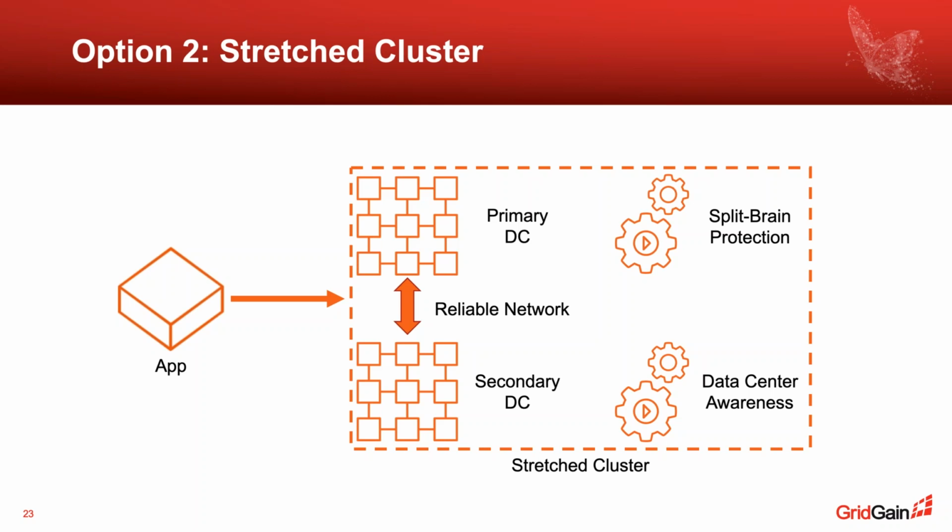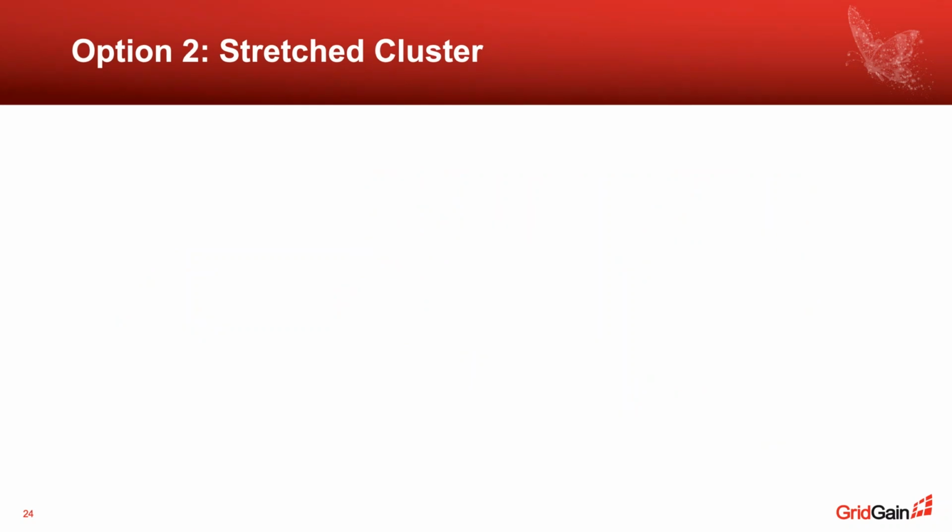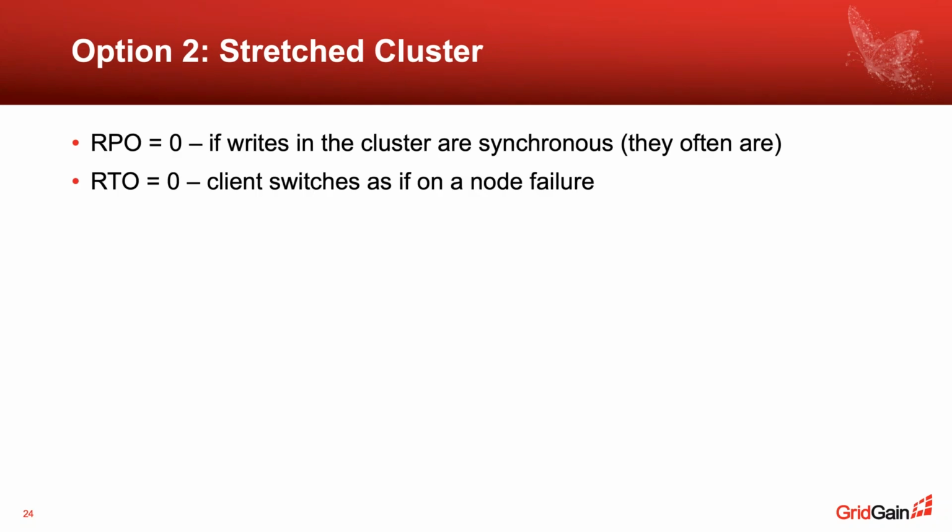So we will talk about split brain and data center awareness in detail in a bit, but first let's again review the parameters of this option. So RPO and RTO are really great. They are 0 as all writes can be synchronous in a single cluster, and failover is as fast as it gets when you have a single cluster.